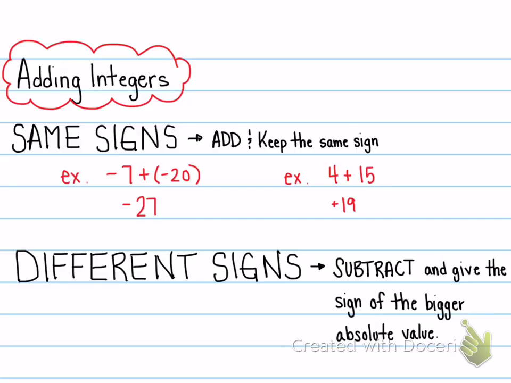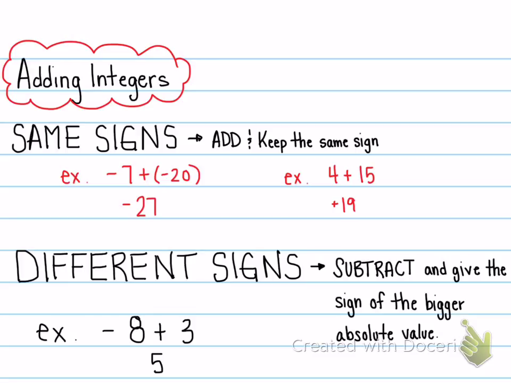So what do I mean by that? The bigger absolute value. Let's take a look at this example. If I have -8 plus 3, those signs are different. So you do subtract, which is 5. But when you think about, do I have more negatives or more positives?